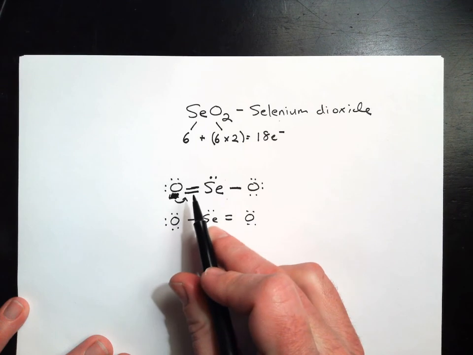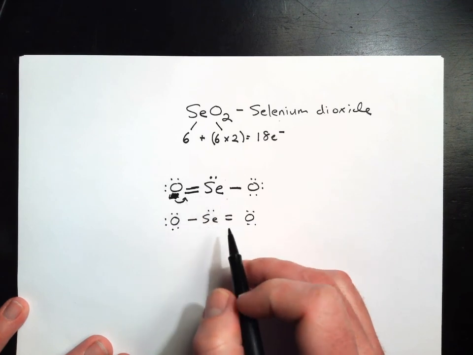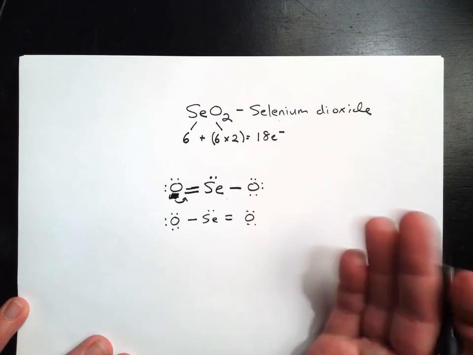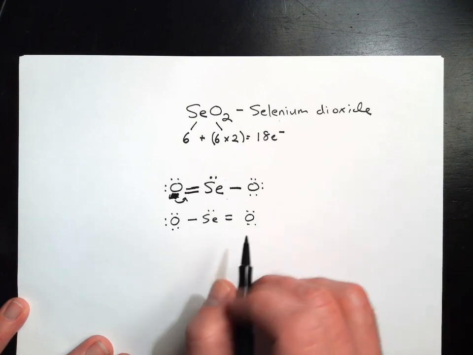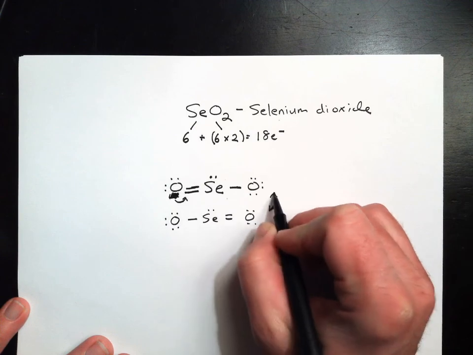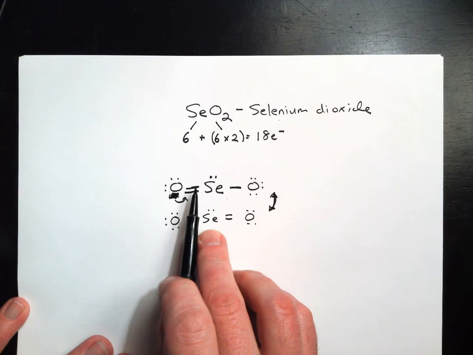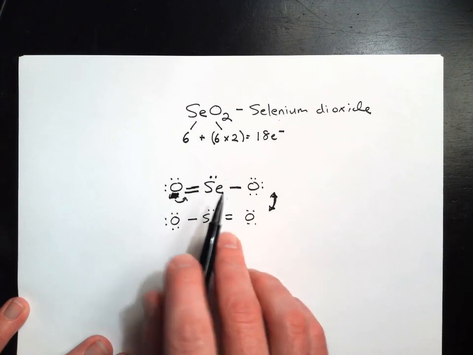So if you draw your double bond on this side, or somebody else draws it on this side, you've essentially drawn the same thing in mirror image form, and they're both valid, they're both correct, and in fact both of them probably exist at any given time because electrons are mobile, and this double bond might shift over to this side and back and forth and back and forth in a process called resonance.